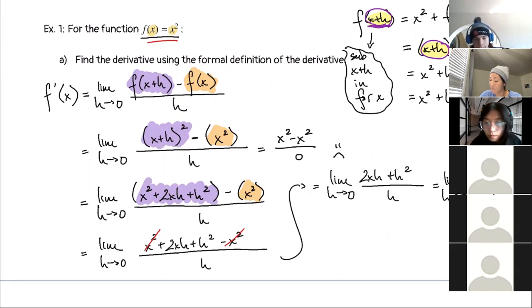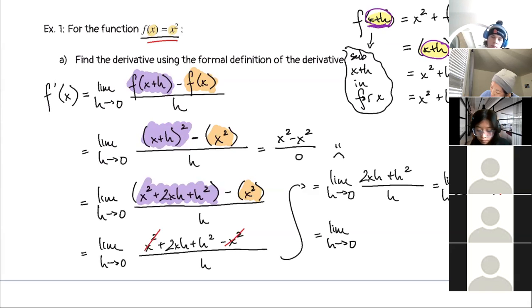This h in the numerator reduces with the h in the denominator. And that h in the denominator, that was the problem, right? When we plugged in 0, we had a 0 on the bottom. And so in order to address that, we expanded a little bit. And let's see what we get now. The limit as h approaches 0 of 2x plus h.